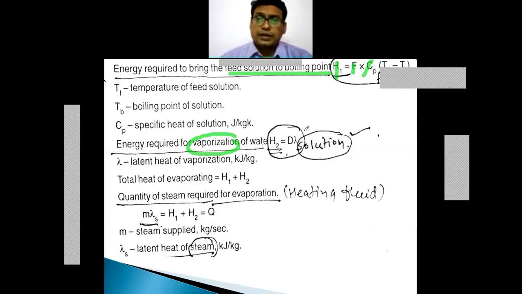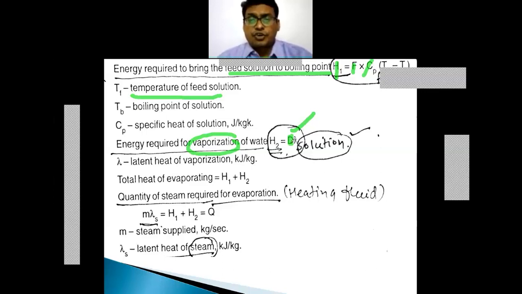Tb minus Tf, where Tf is the feed solution temperature into the vessel. Then H2 is the energy required for vaporization of the water, which is equal to m lambda, where m in this case is the D, the vapors which are going out.